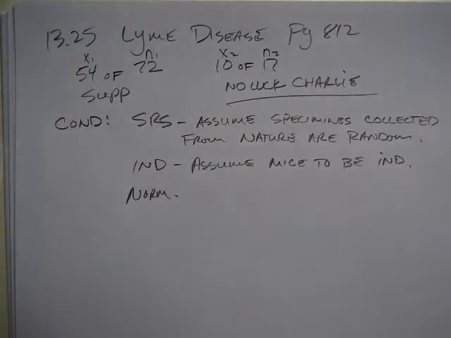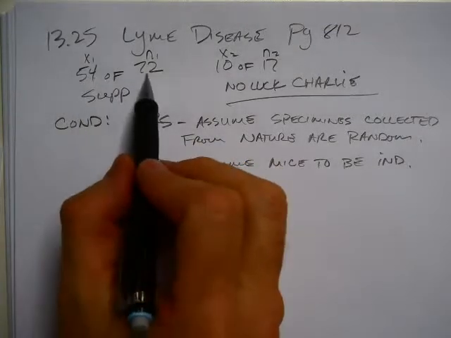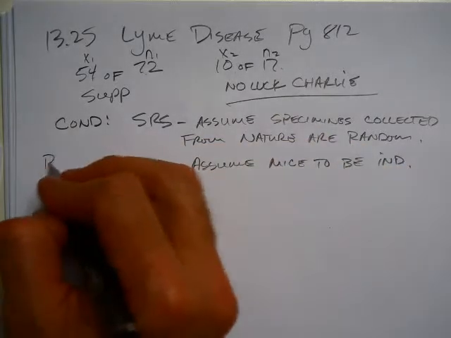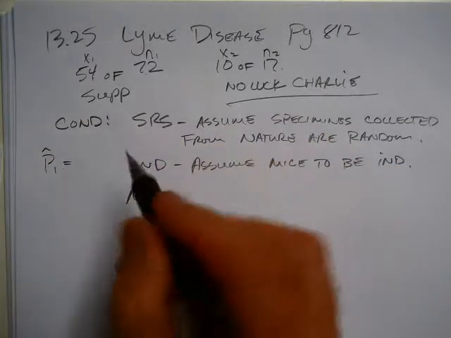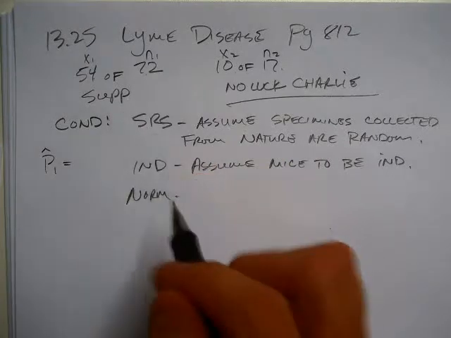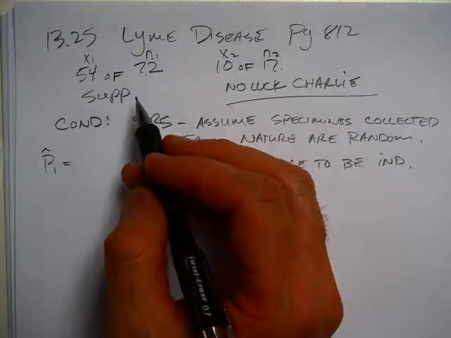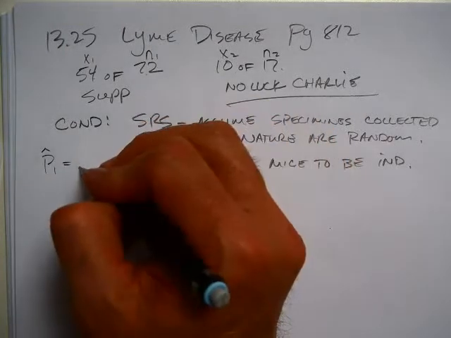Here's where we need to make some calculations. We haven't said what p hat 1 and p hat 2 are. So p hat 1, I'm just going to write that over here on the side. P hat 1, that's the supplemented group. That's going to be 54 out of 72. So 54 divided by 72 is 0.75.